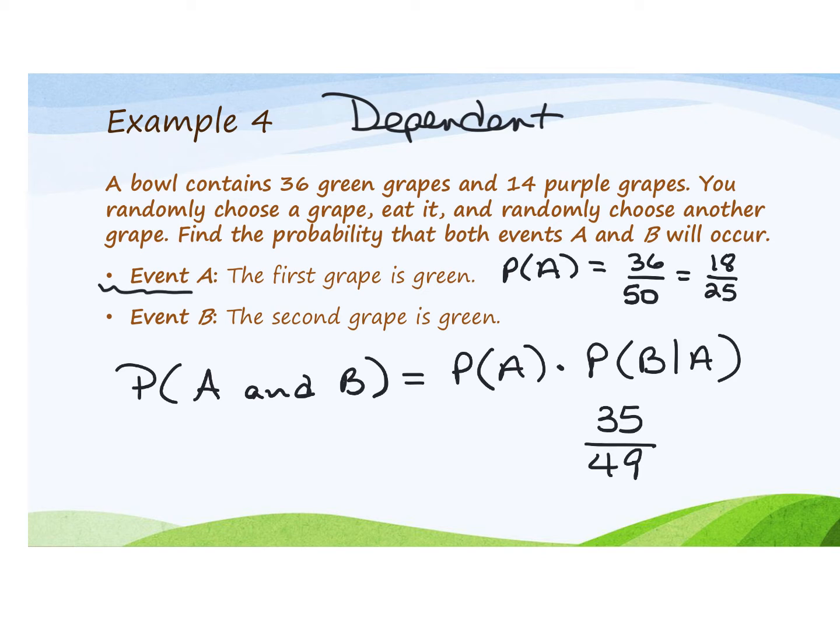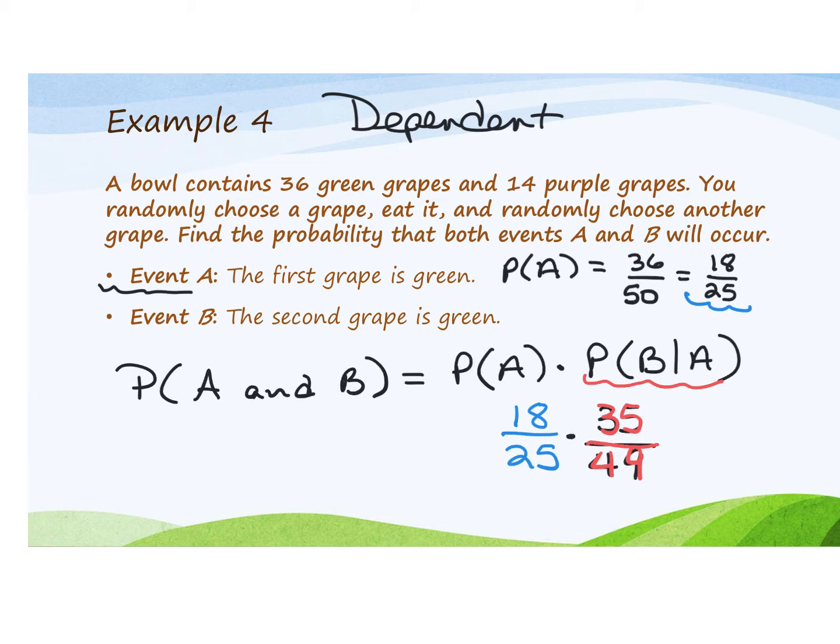So the probability of event B, given that A happened, is 35/49. I have to multiply that with the probability of A, which was this 18/25.